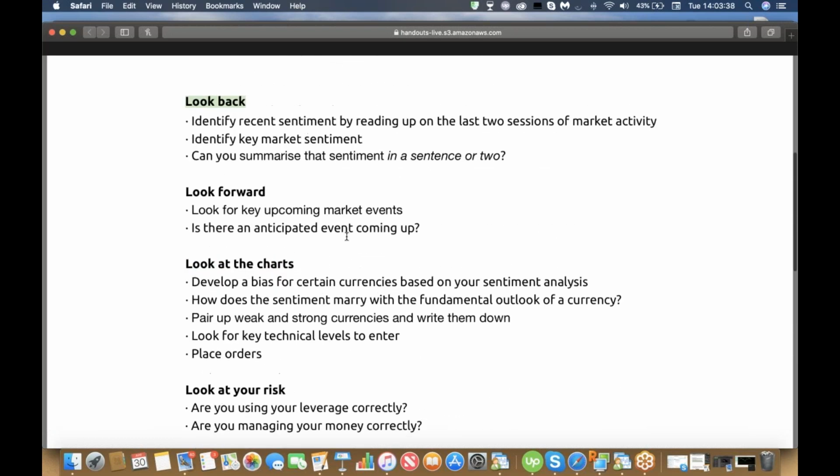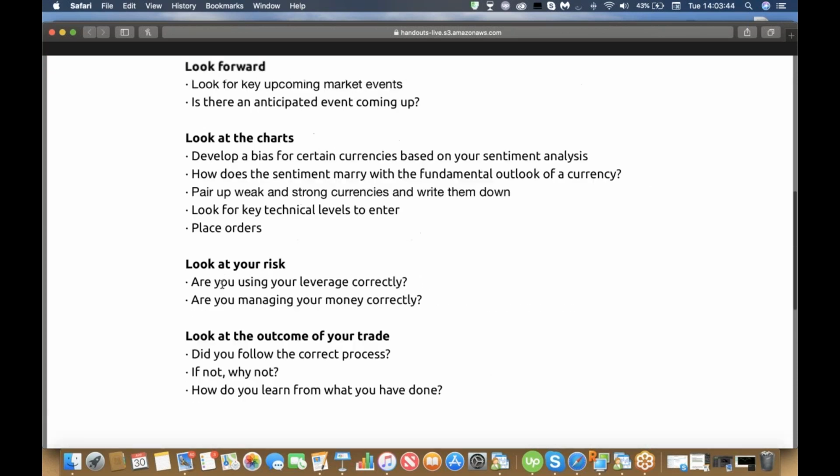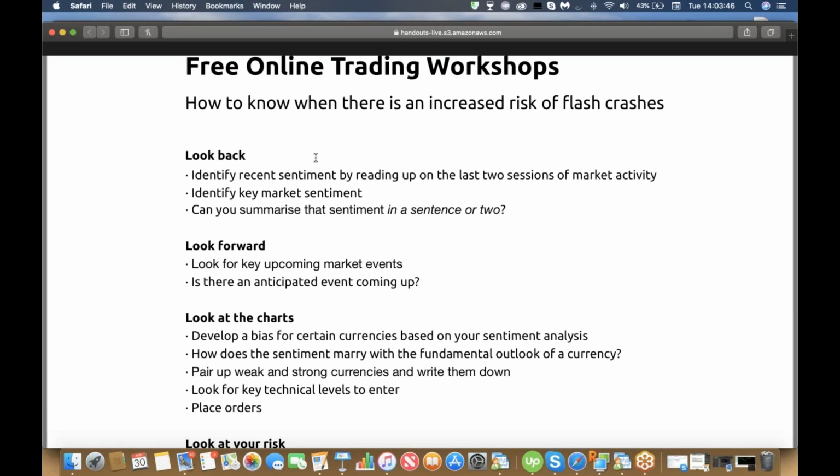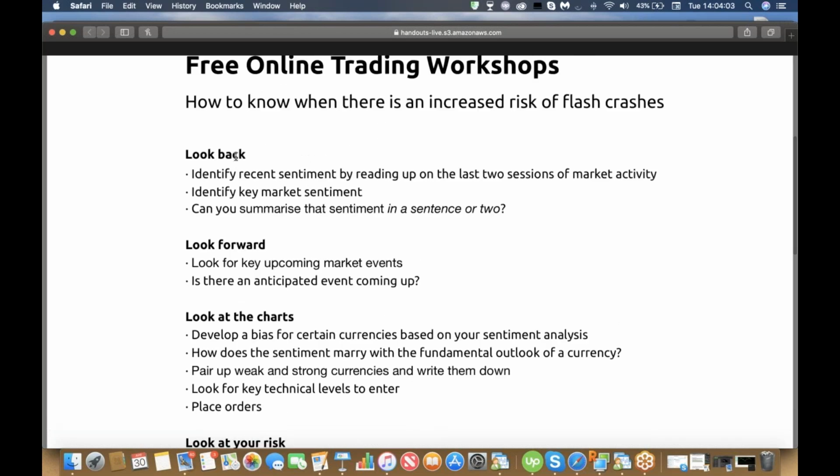So the whole idea is that I'm going to go through this sheet with you today, and when you take this sheet away, you print it out for yourself, put it on your trading desk, put it by your side, and you can go through it yourself so that you begin to put these skills into practice on a day-to-day basis. These 5 things are things that I just do automatically now.